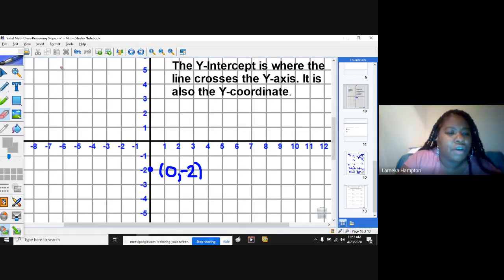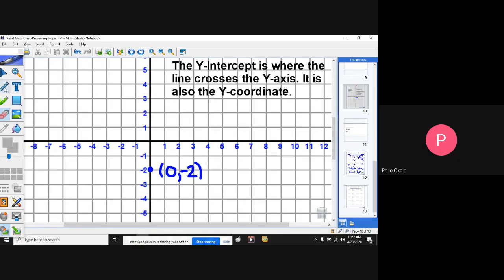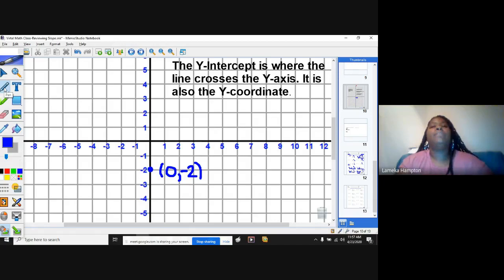Okay, there we go. Yes. All right. So now my second question is, what is my slope again for number 3? 2. So what you're going to do now to graph this line from this point, y'all remember rise over run?